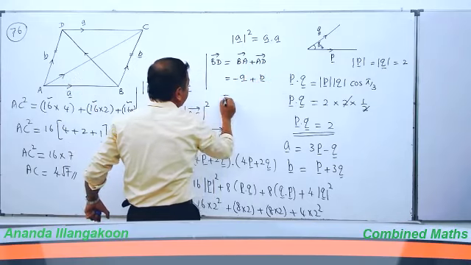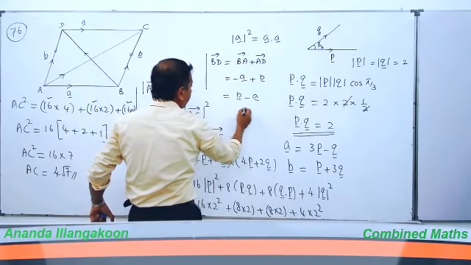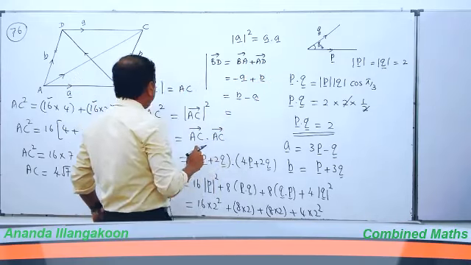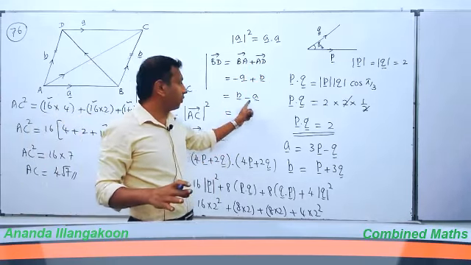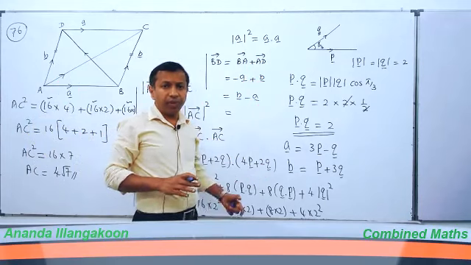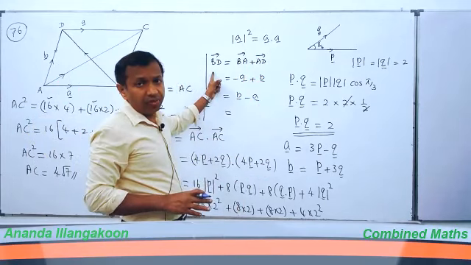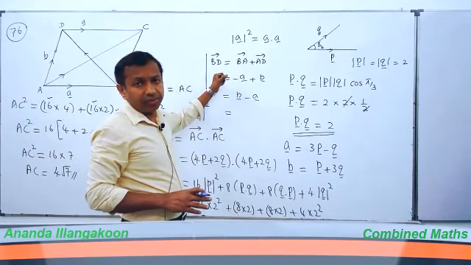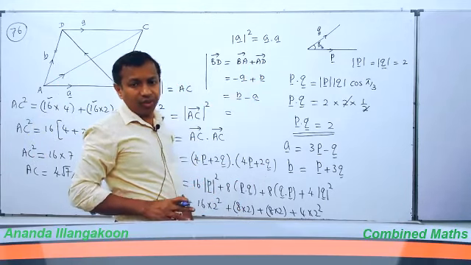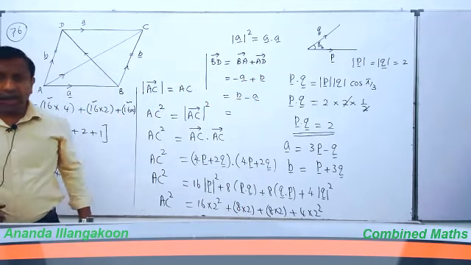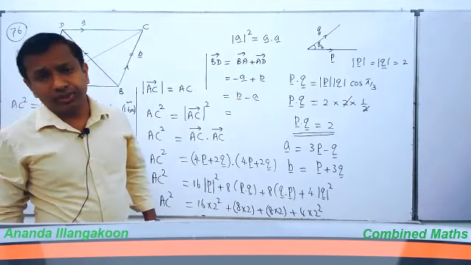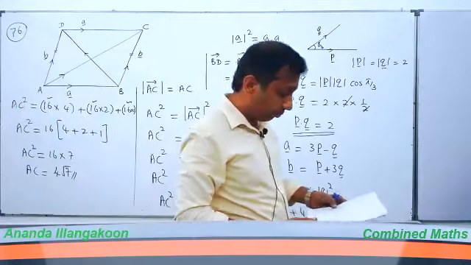B. So this is B minus A. Vector B and vector A are given. Substitute them in terms of P and Q. Now take BD vector dot BD vector, then simplify. This way you get the answer for the other diagonal. I leave that as homework. Definitely you must work out this answer.